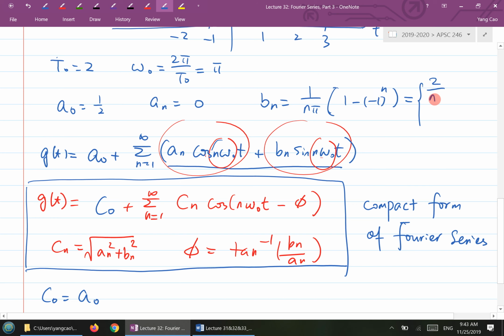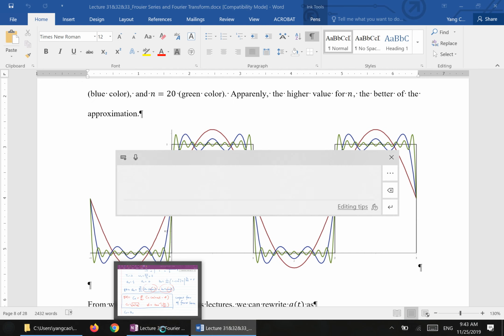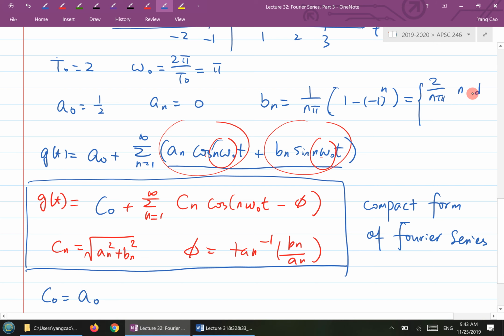So that's 2 over n pi when n is odd. And when n is even, this is a 1, so 1 minus 1 is 0. So Bn just takes 2 over n pi when n is odd, and 0 when n is even.